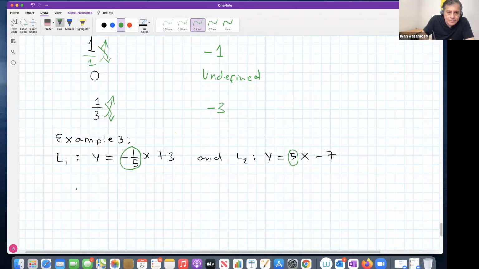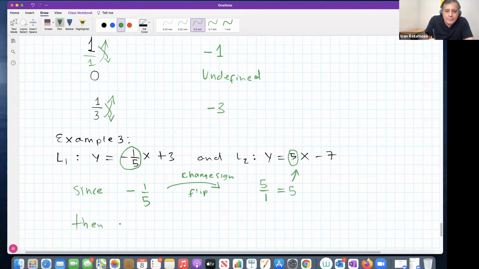Notice that negative 1/5, when you flip and change its sign, becomes 5/1, which is 5, which is this. Then the conclusion is L1 and L2 are perpendicular.